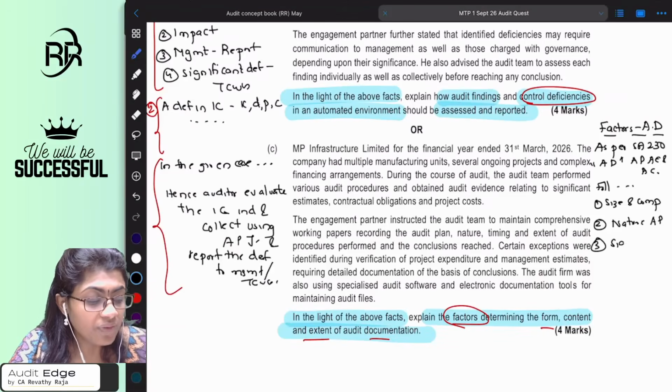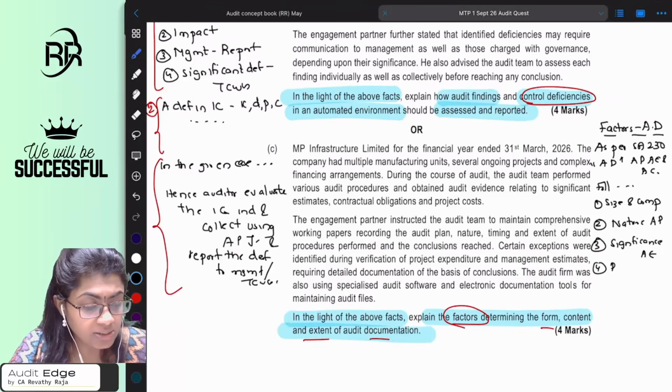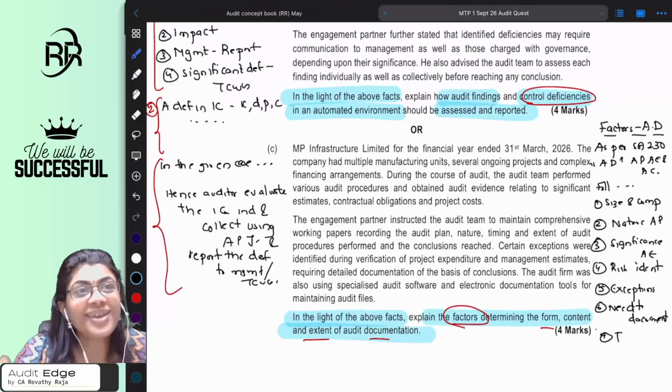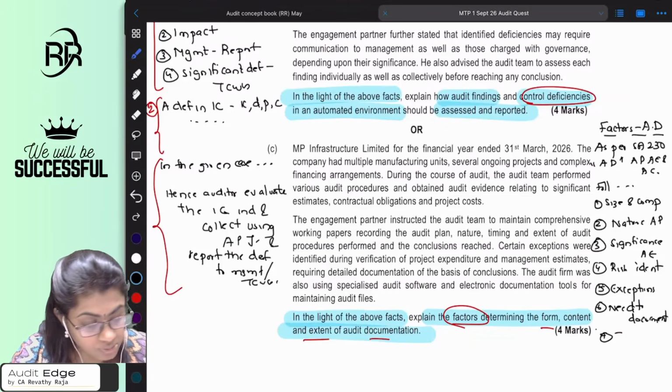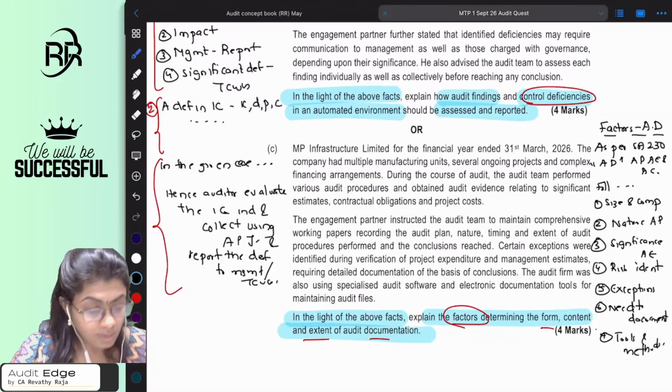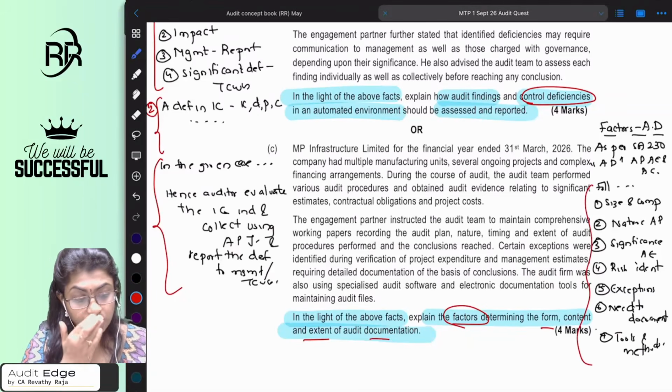Third, significance of audit evidence obtained. Then, risks identified. Then, exceptions identified, need to document. One more factor: audit tools and methods used, like CAAT tools. Okay, so these points you should write.